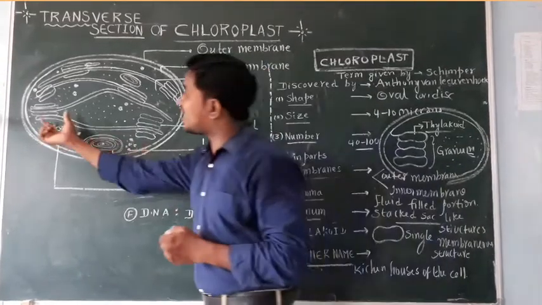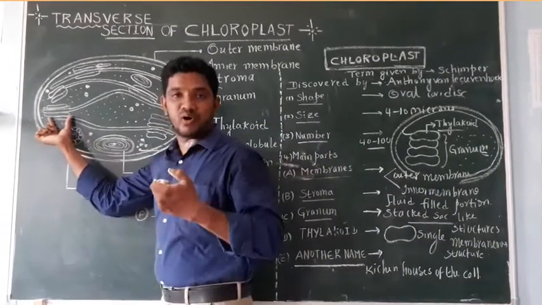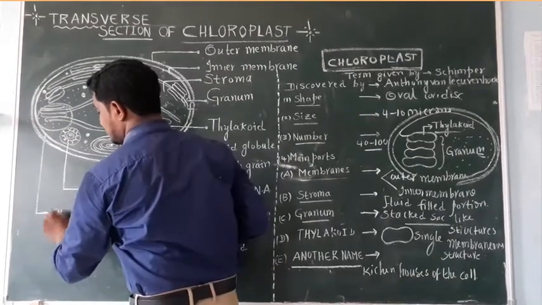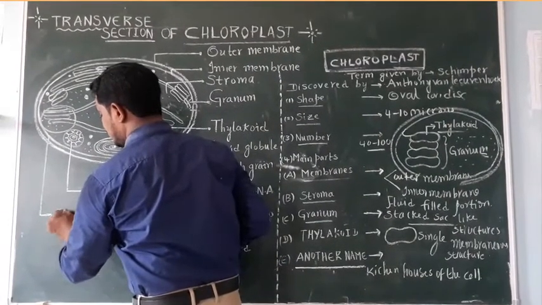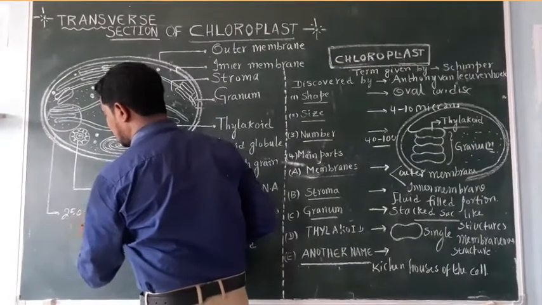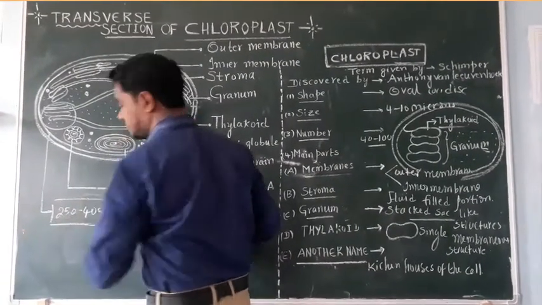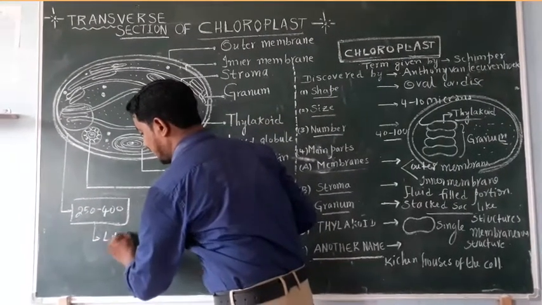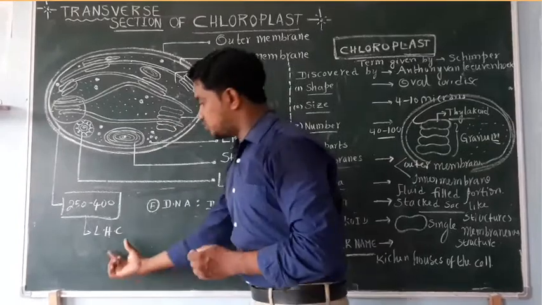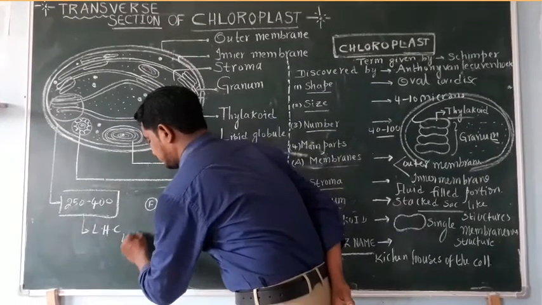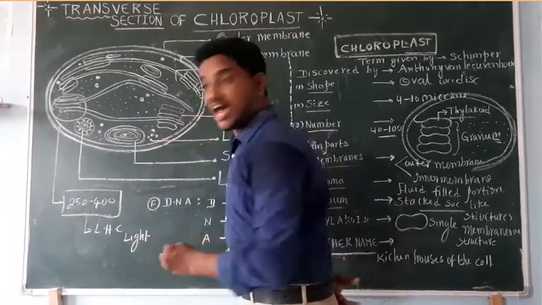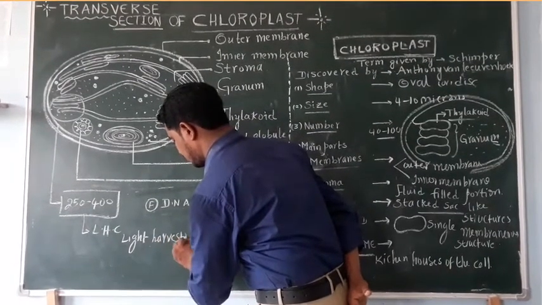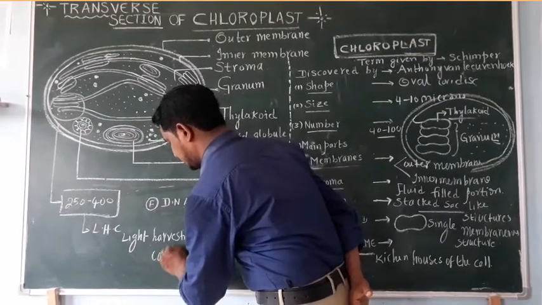In each granum, each granum contains nearly 250 to 400 chlorophyll pigments grouped together, which forms the light harvesting complex, LHC, which means light harvesting complex.